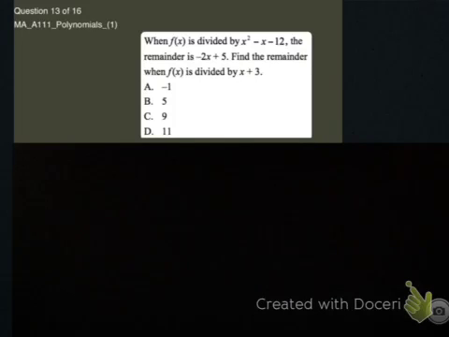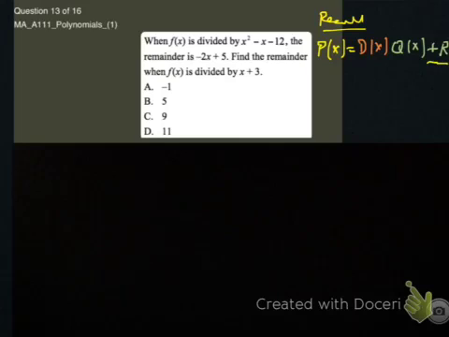Now, question 13, you have to be very familiar with the format of a polynomial: a polynomial is equal to a divisor times the quotient plus the remainder. Note that in our question, we're told that the remainder has got x in it, minus 2x plus 5.